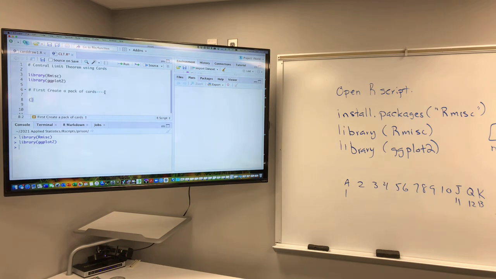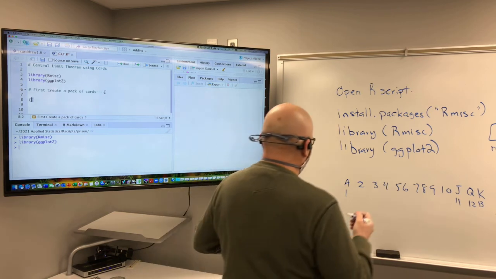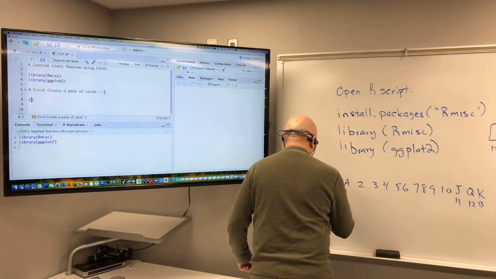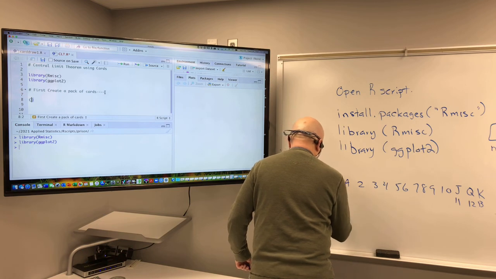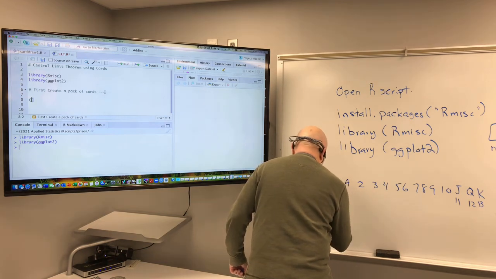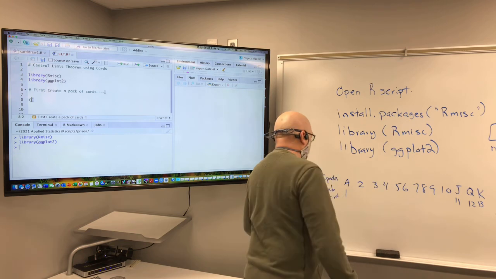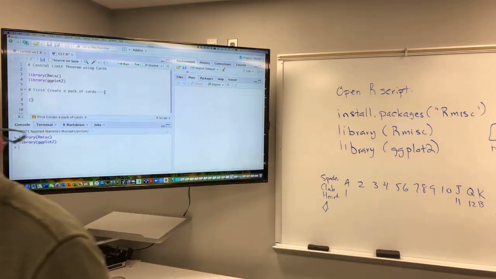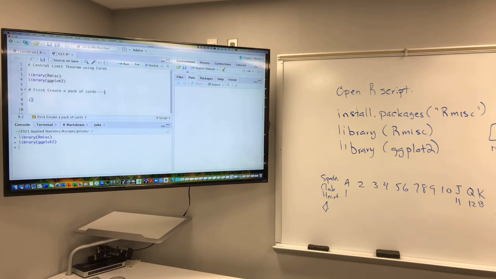And there are 4 suits of each of these: spade, club, heart, and diamond. So there are 52 cards, but each numerical card is represented 4 times. You have 4 aces, 4 twos, 4 threes, 4 fours, 4 kings.